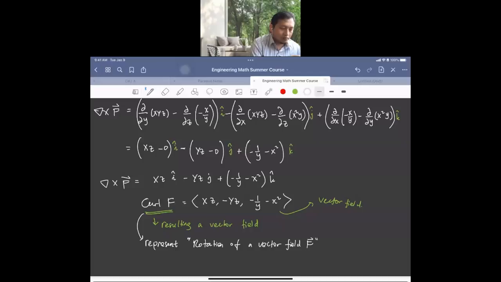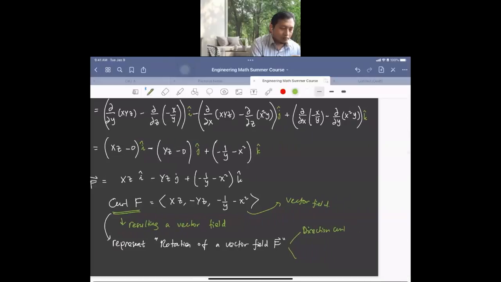So what do rotations mean? Rotation means that we have the direction of curl, which is the axis of rotation, and the magnitude of curl is the magnitude of rotation.